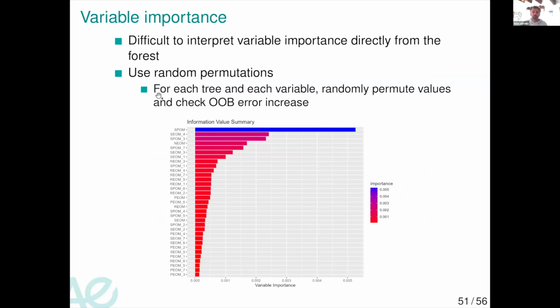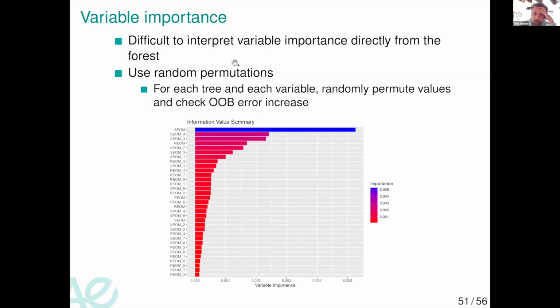On a random forest, you could also see the importance of each variable, because sometimes guys say that random forest is a black box model. It's not really a black box model. You could interpret the different variable importance directly from the forest.